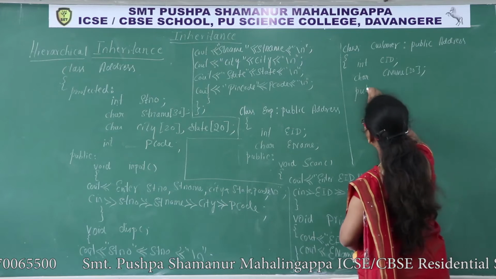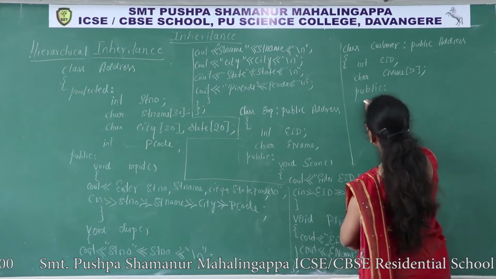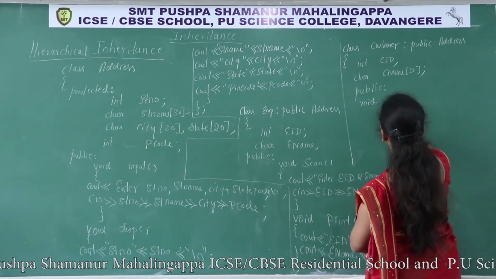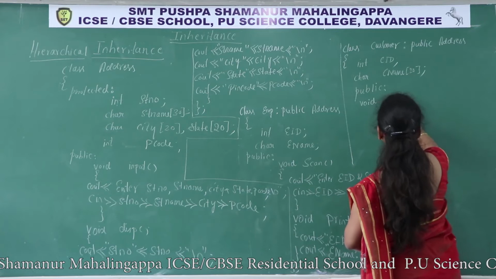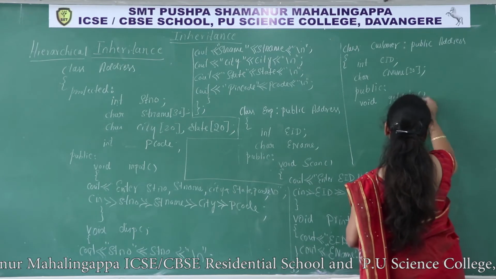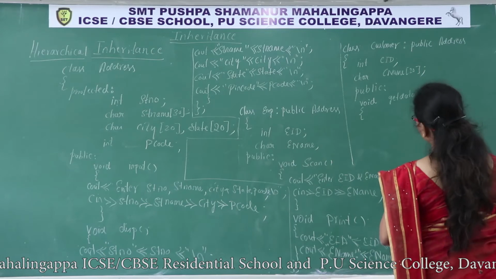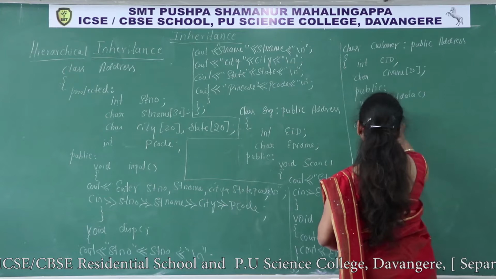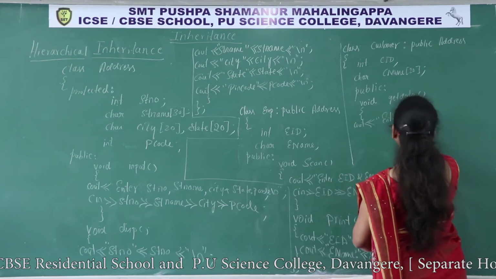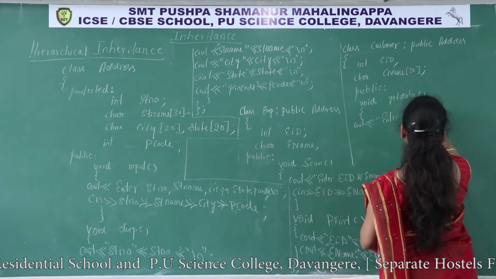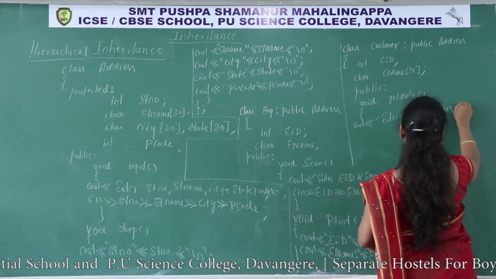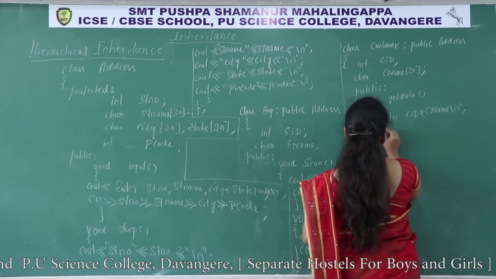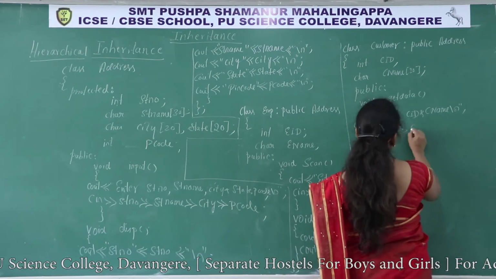In the public section, void get data, the name of the function. Here cout enter customer ID and customer name, cin extraction CID extraction CNAME.